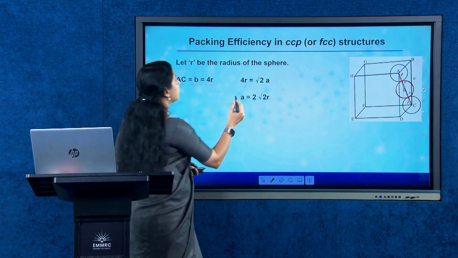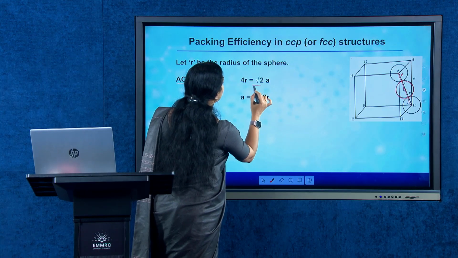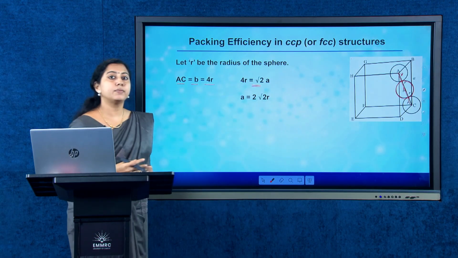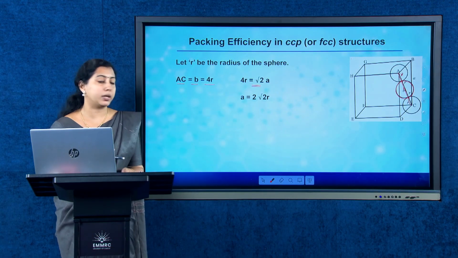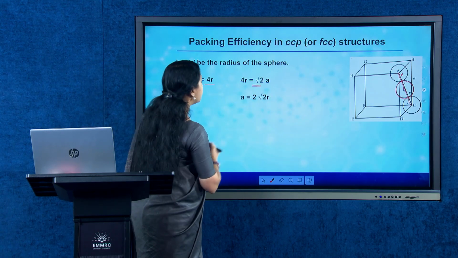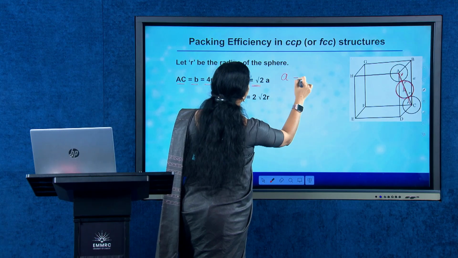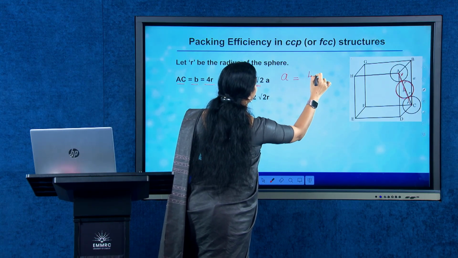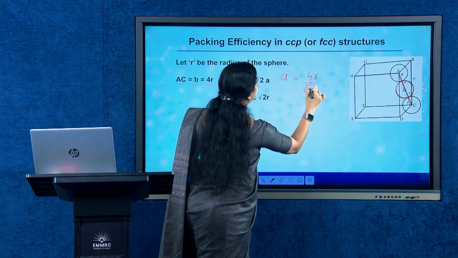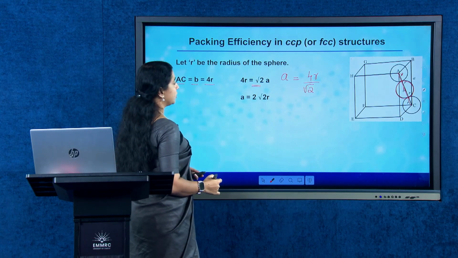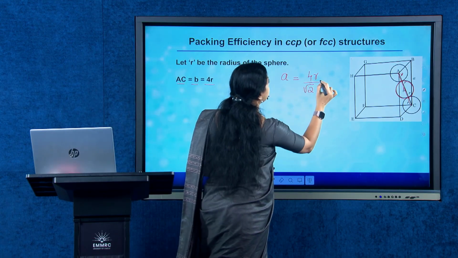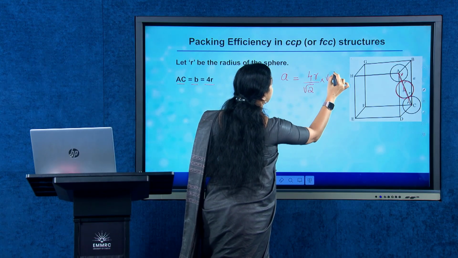So, we can write 4R is equal to root 2 A, since we got B equals root 2 A. So, what will be A from this? A equals 4R by root 2. We can simplify this by multiplying and dividing by root 2.